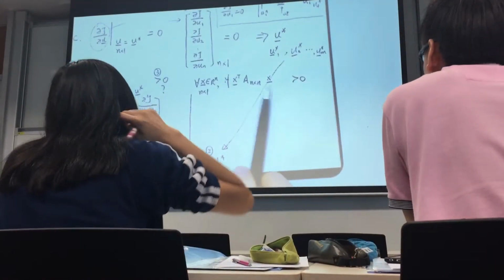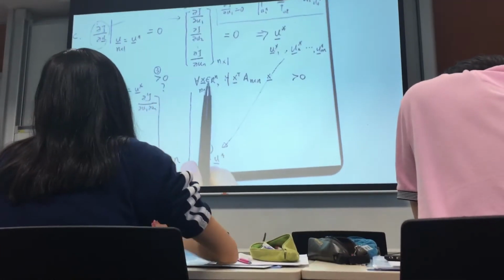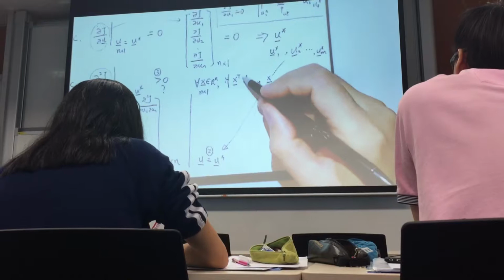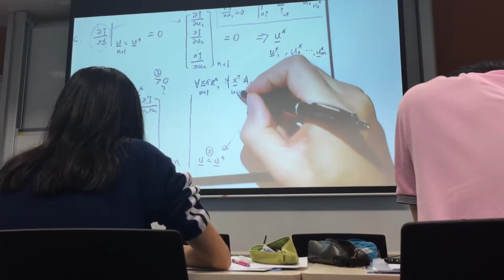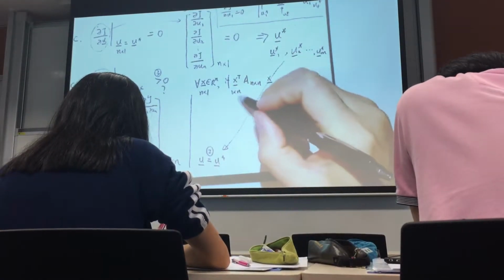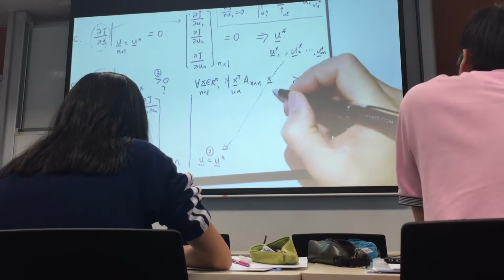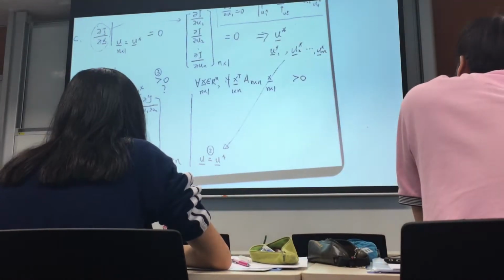We can check the dimension. If x is n by 1, then x transpose will be 1 by n. So this is 1 by n, this is n by n, and this x is n by 1.